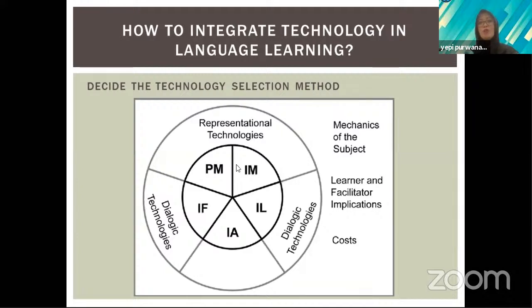How can we choose what kind of method can cover the student interaction also? Not only that, but we have to think about the mechanics of the subject, learner and facilitator implications, and the last one, cost. Why do we have to consider the cost?